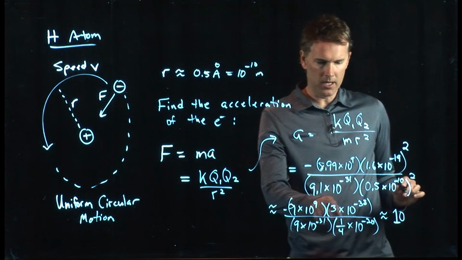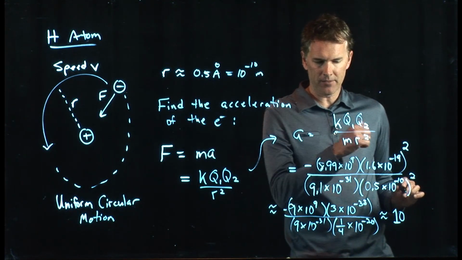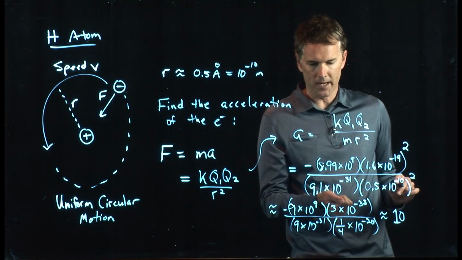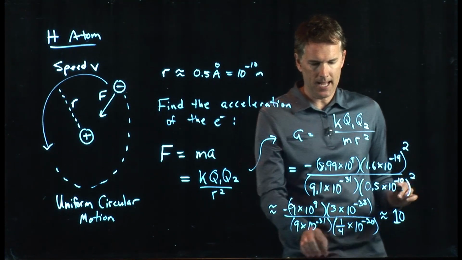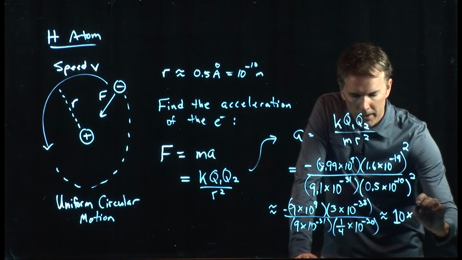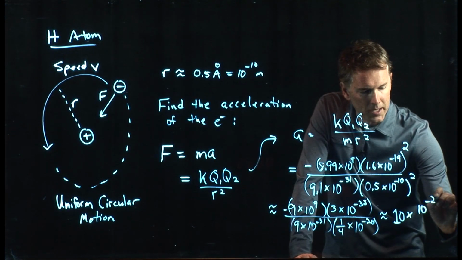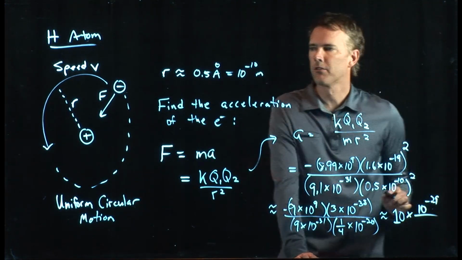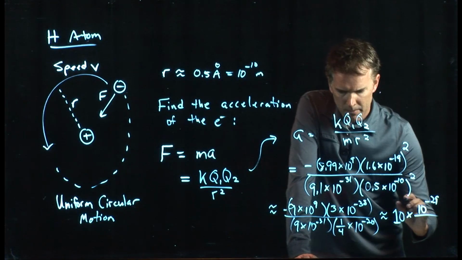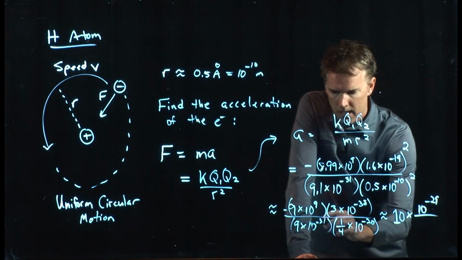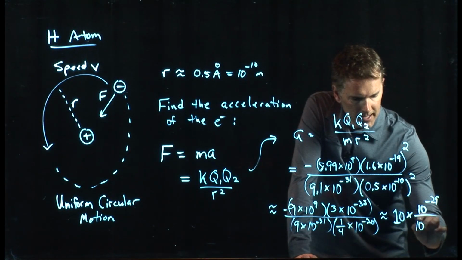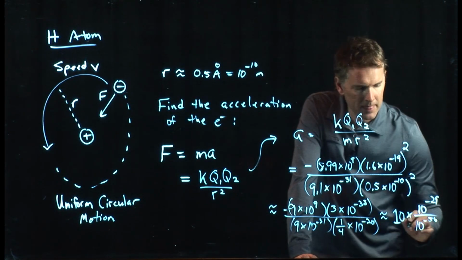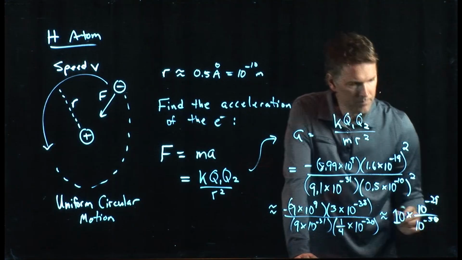And we've got a 10 to the 9 and a 10 to the minus 38. That's a 10 to the minus 29. And then down in the bottom, we have a 10 to the minus 29, divided by another 10, and so that becomes 10 to the minus 30, and then we have a 10 to the minus 50.